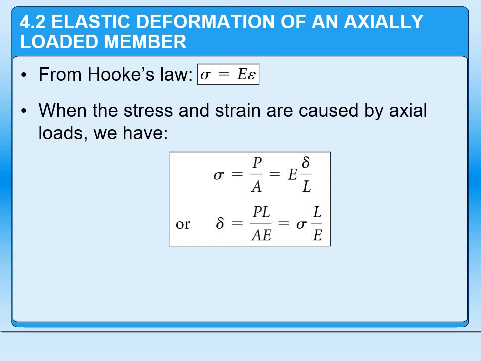If you think about it, your deformation will be increased by an increased load, will be increased by an increased length, will be decreased by an increased area, so a bigger specimen will deform less, and will decrease by an increased modulus of elasticity, so a stiffer material would deform less. This is also going to be written as just stress is equal to length divided by modulus. So there's a number of different ways we can manipulate these various equations to get these different relationships.